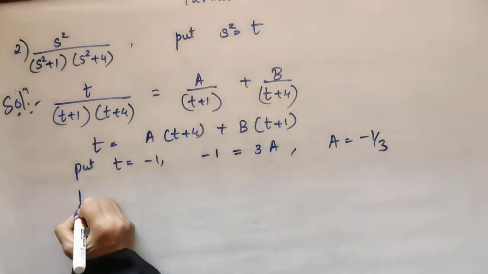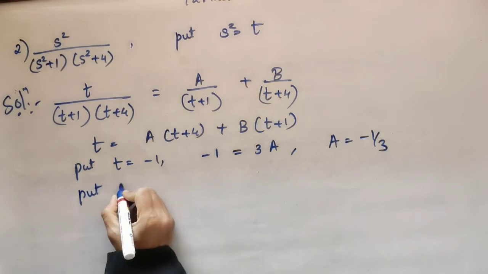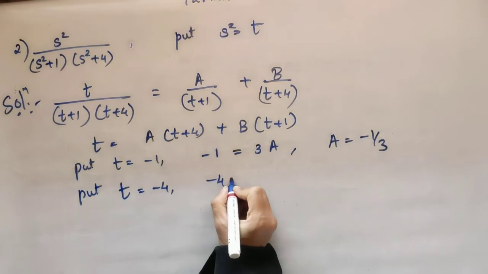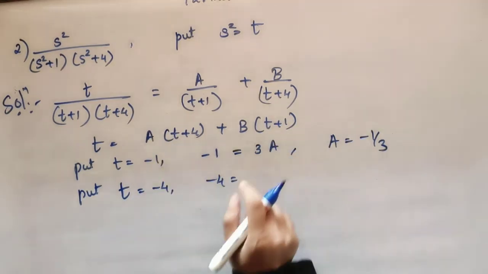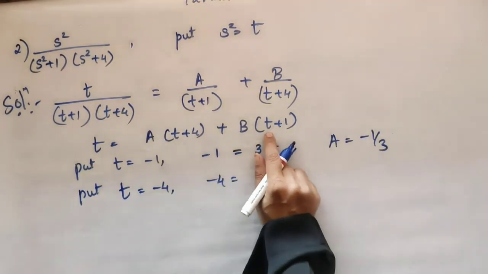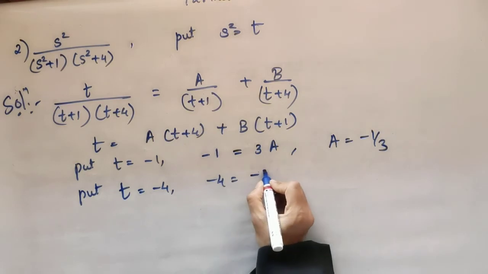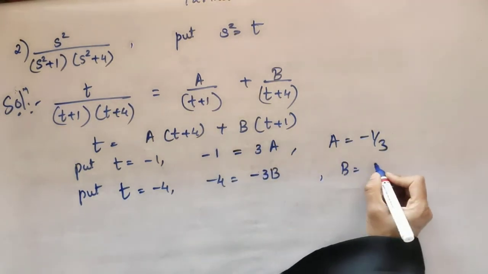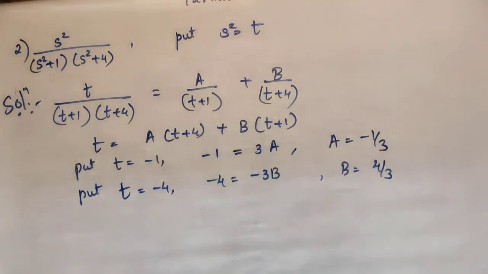Similarly, put t equal to −4. This time it will be −4 equals, this term is 0, but this turns out to be (−4 + 1) times b, which is −3b. So b will be 4 by 3.